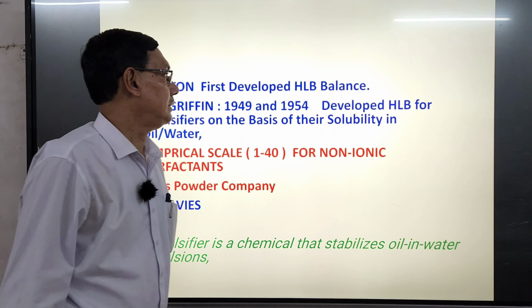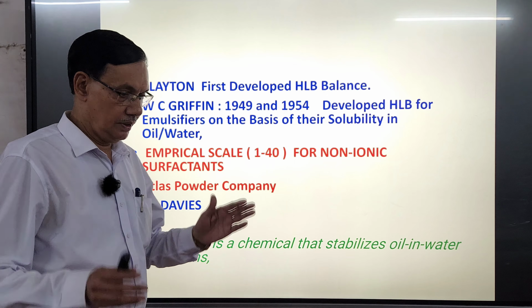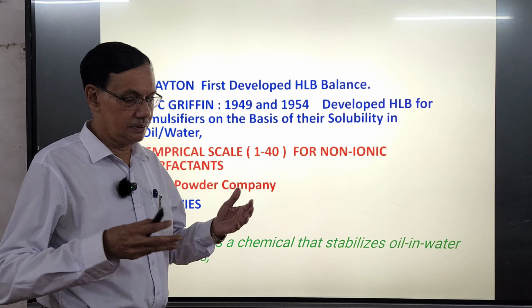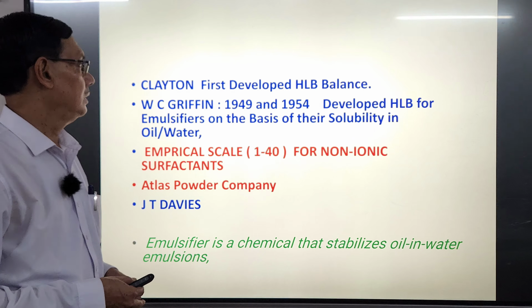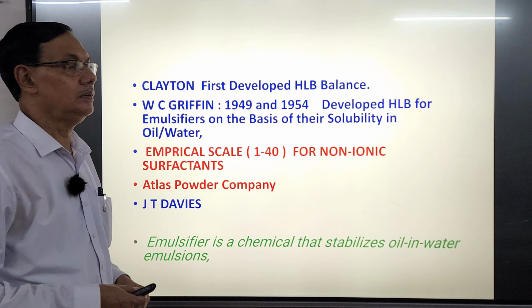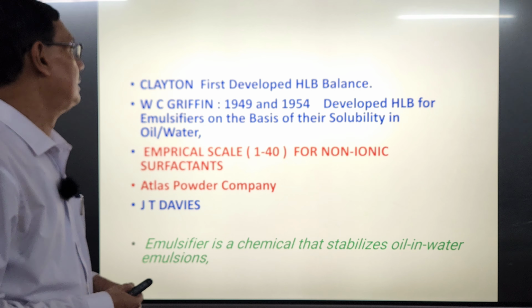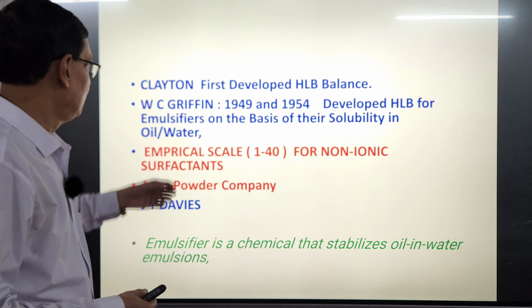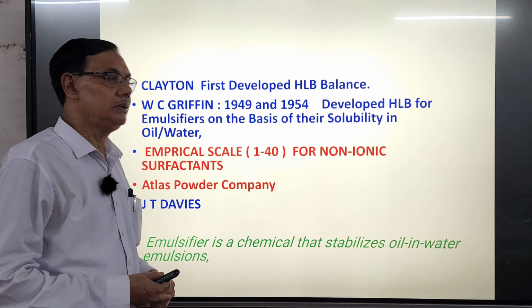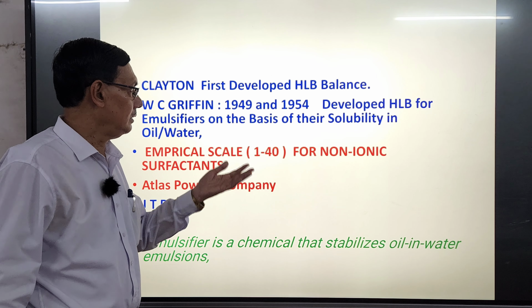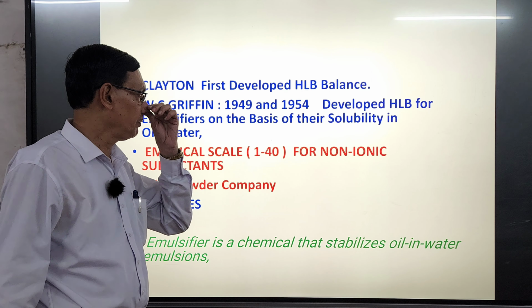As I told you, this HLB parameter or scale was developed by Griffin. When I looked at the literature, I saw that W.C. Griffin published two papers, one in 1949 and one in 1954.